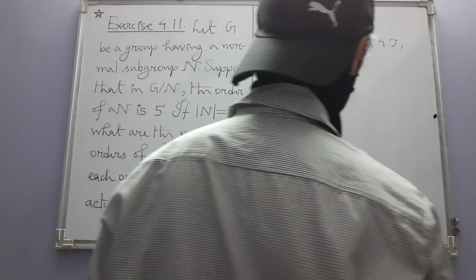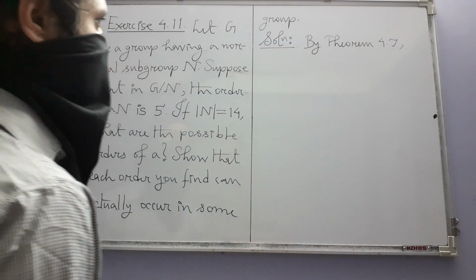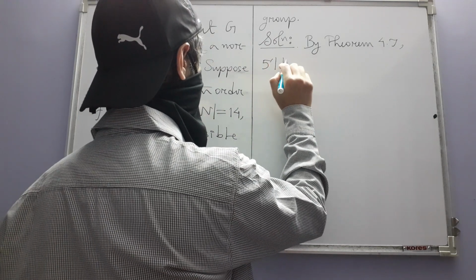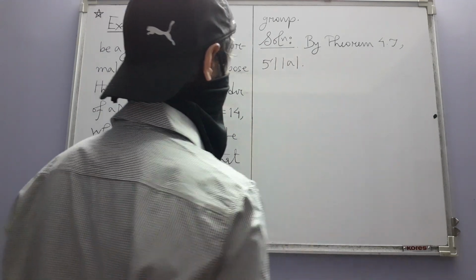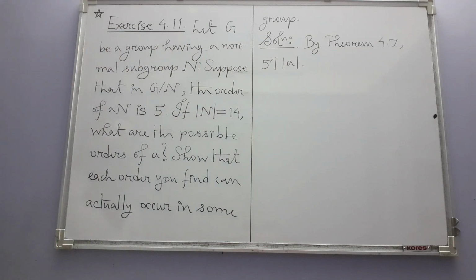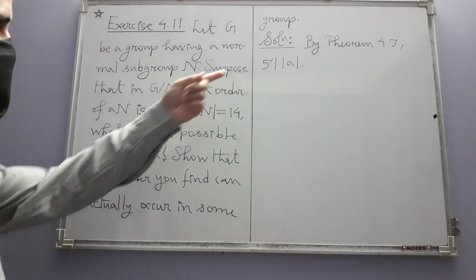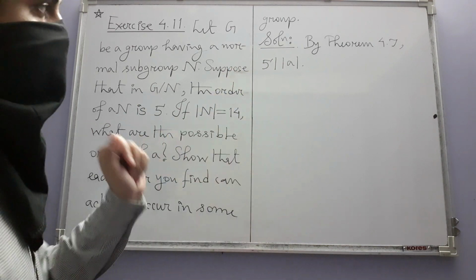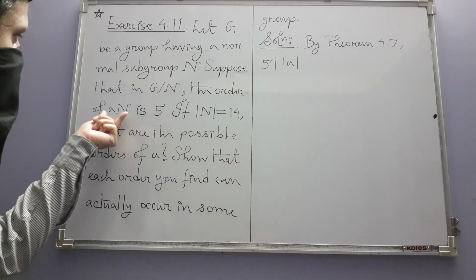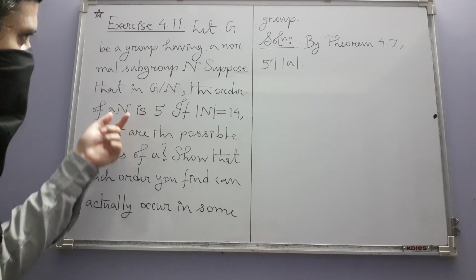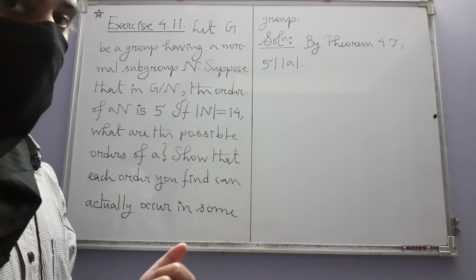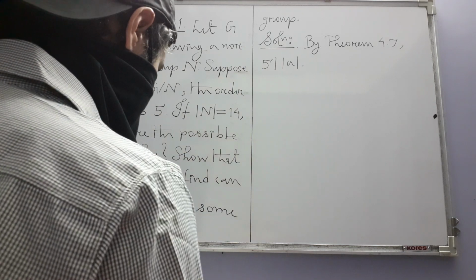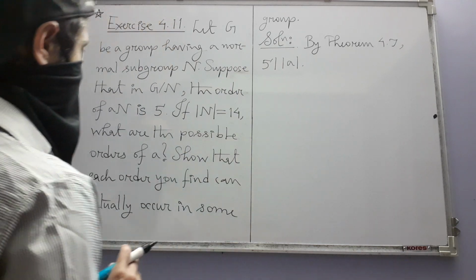By theorem 4.7, we find that 5 divides the order of A in G. That's because this theorem has 3 parts, and it's the third part that we are using, which says that the order of the coset An divides the order of the element A. So that's why 5 divides the order of A. So this is one thing.